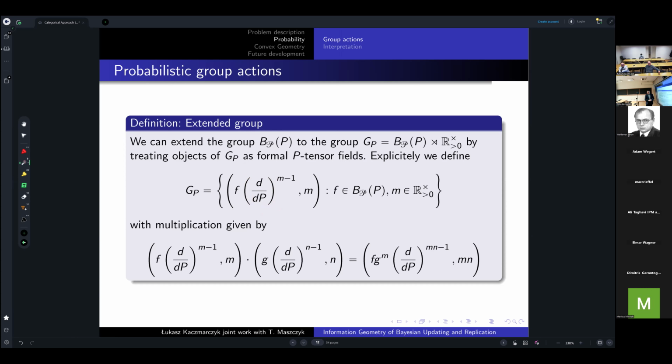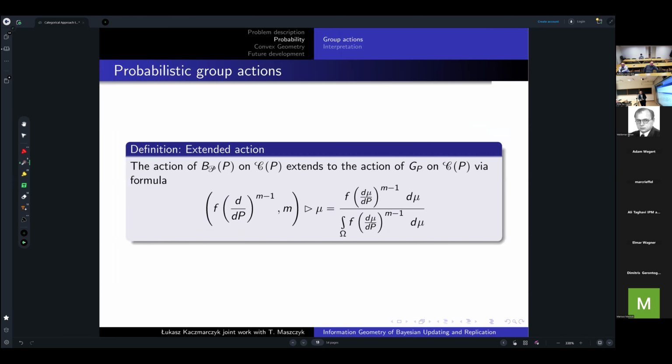Besides that, the multiplication of the cross product, which is the usual one presented in this tensor style, would give us an opportunity to extend the action from BP to GP, and this extension begins like this.